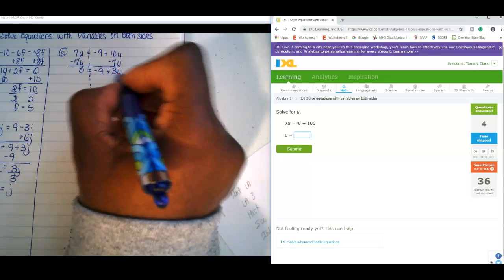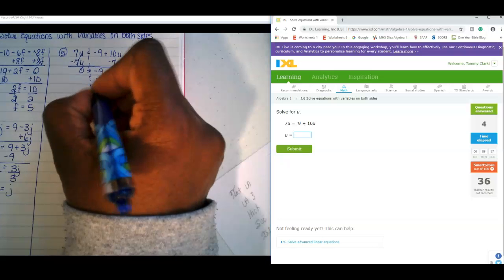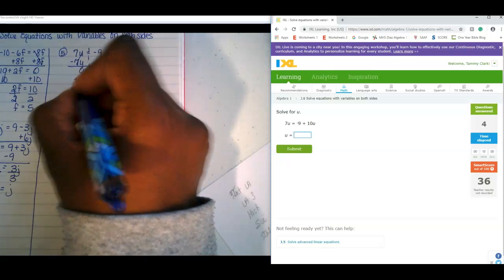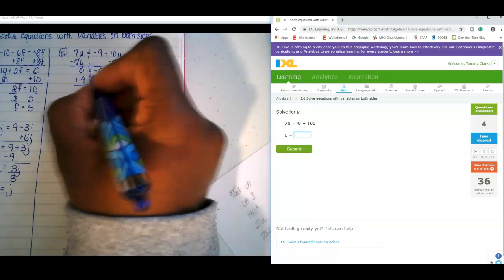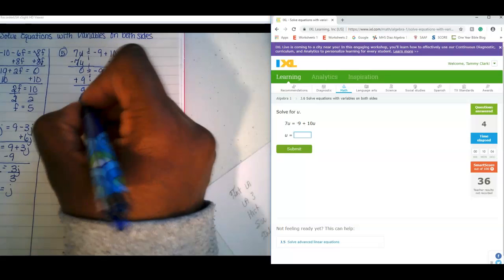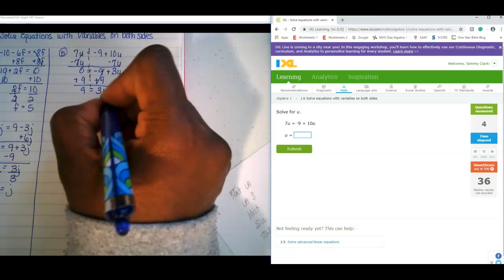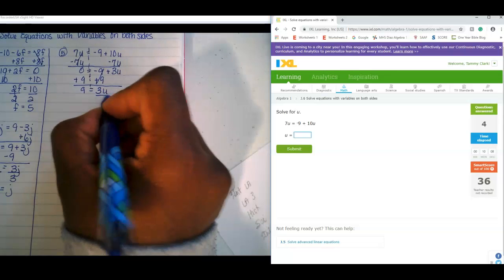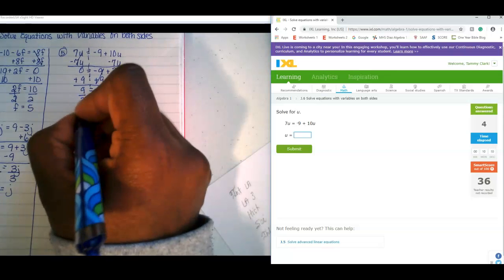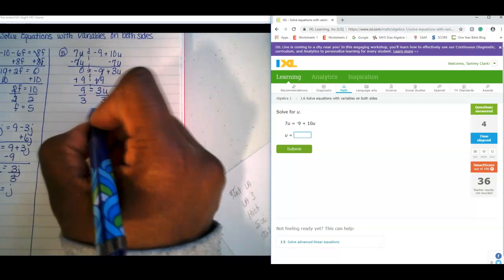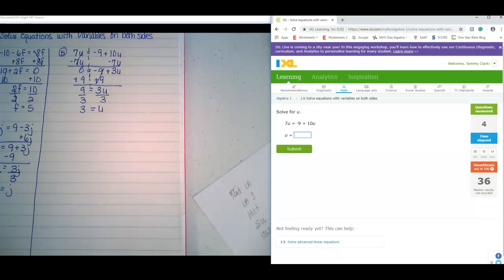And I want to isolate u, so therefore I'm going to add 9 to both sides of the equation. And I have 9 is equal to 3 multiplied by u. I'm going to divide by 3 on both sides of the equation, and that gives me u is equal to 3.